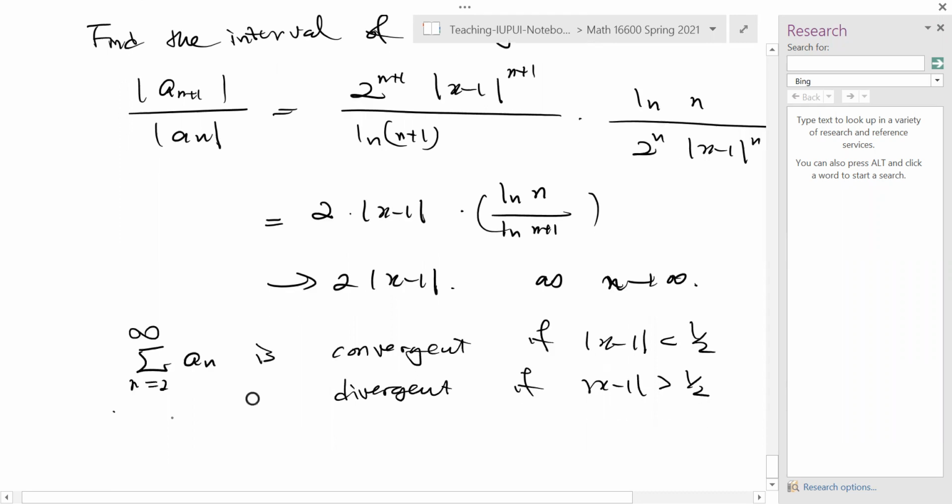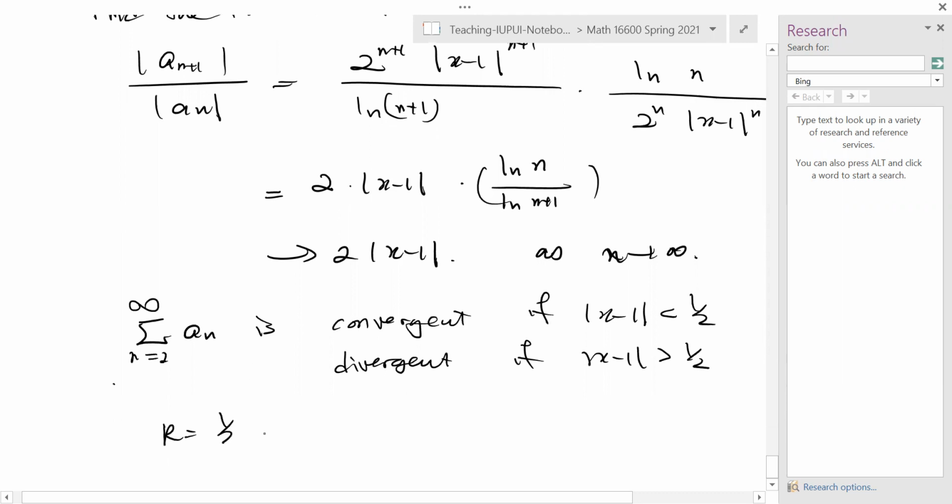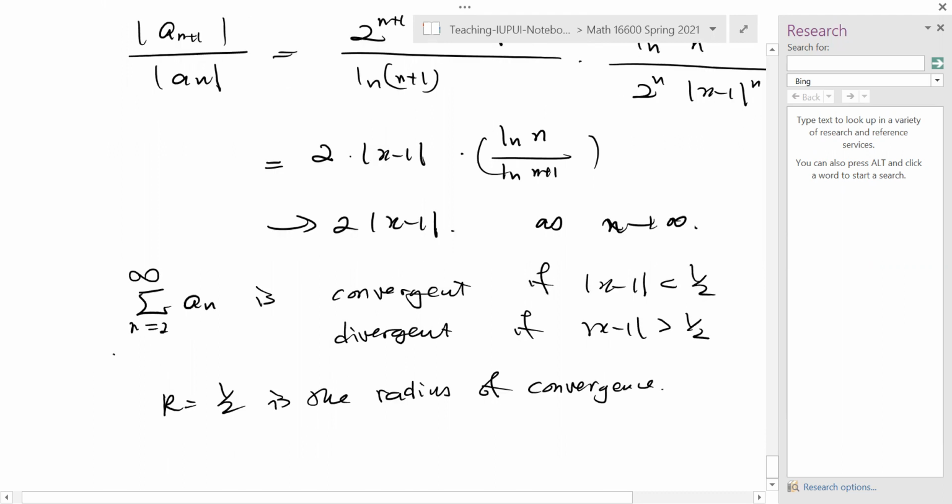So clearly R equals 1/2 is the radius of convergence. But we want to know the interval of convergence. That means we want to know what happens at the endpoints.